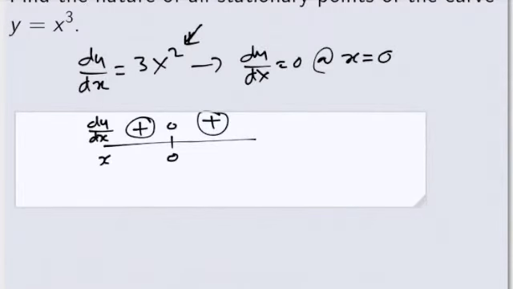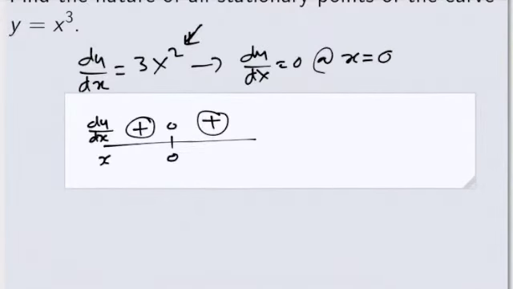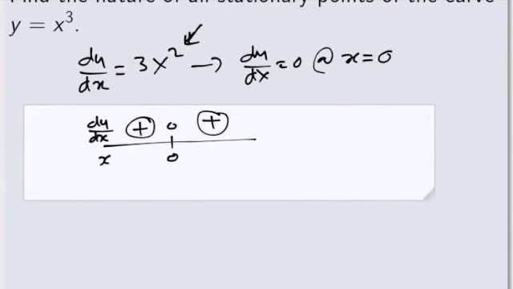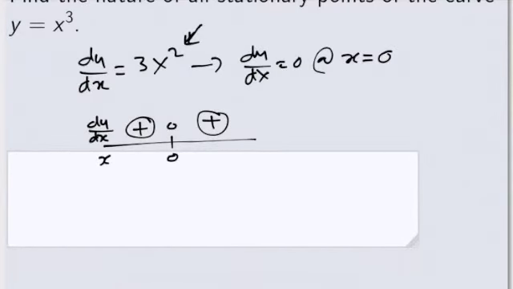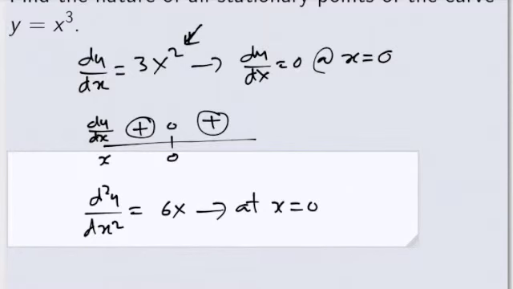And let's check, let's do the second derivative test. So if we differentiate dy/dx once more, we'll obtain d squared y/dx squared is equal to 6x, and at x equal to 0, the second derivative is 0.